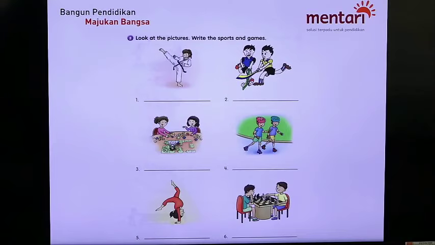Alright everyone, you have 1 more minute to finish this exercise. Make sure you put the correct answer.